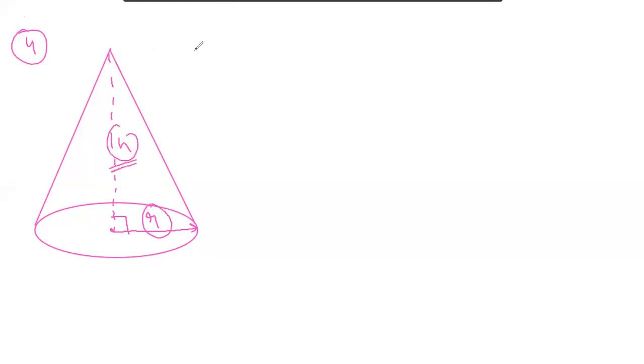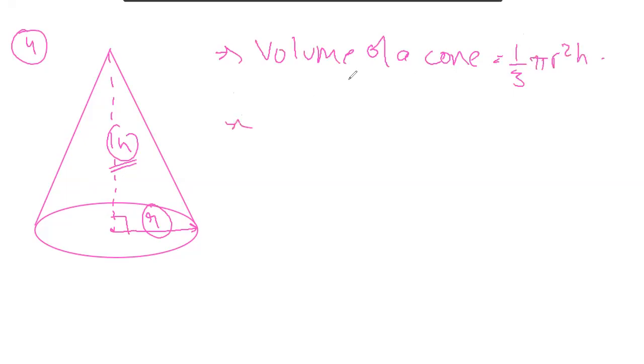And by the formula of volume of a cone, that is 1/3 pi r square h. Volume of a cone, always write the full statement. We substitute our values, so h is equal to 9 centimeters. r is not given to us, we have to find the diameter.